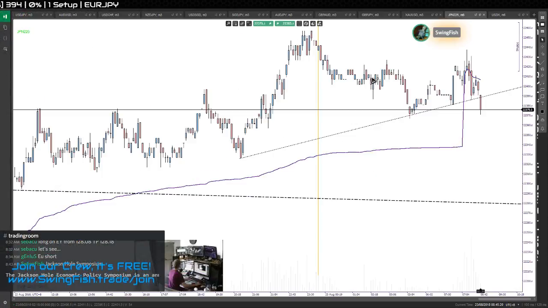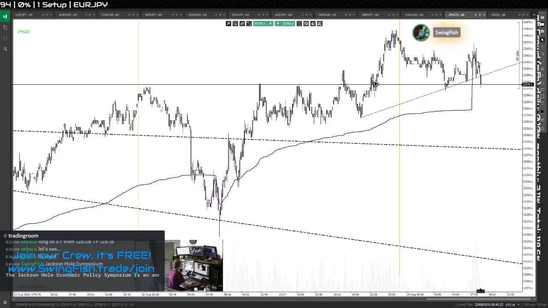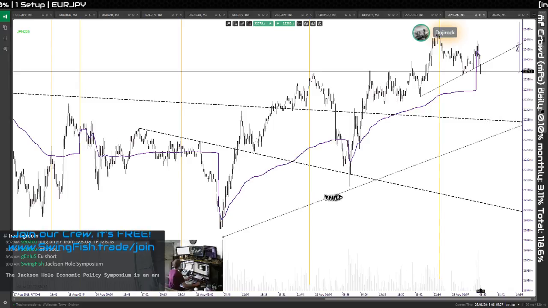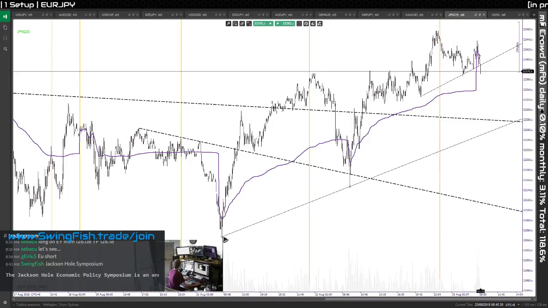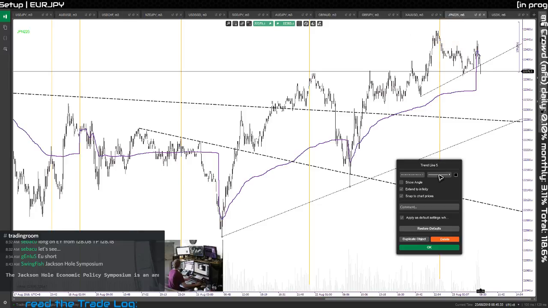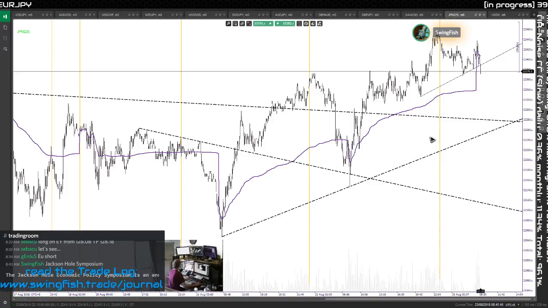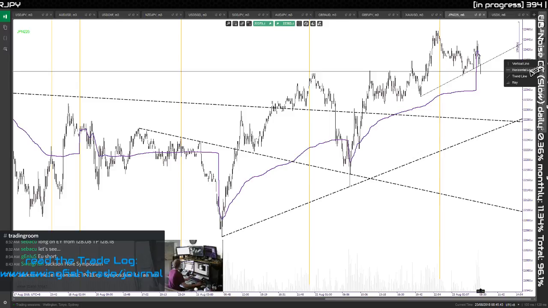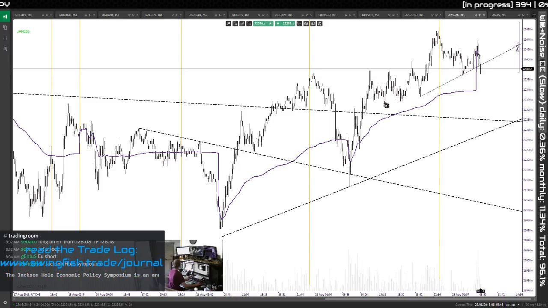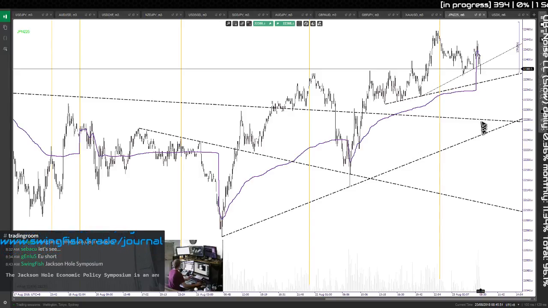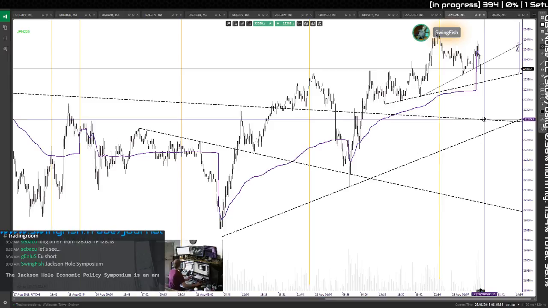Whoa, Nikkei, where are you going? Mine didn't move yet. The next stop is quite far. 22,279.